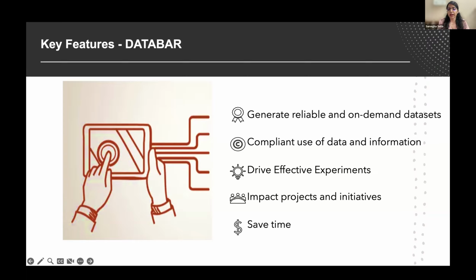So collectively these are the features which help everyone make smarter and more compliant decisions. And yeah, next slide, please.